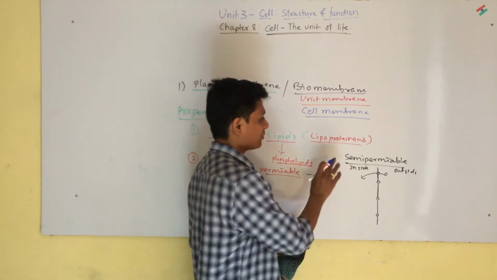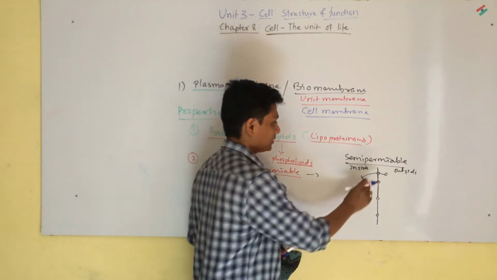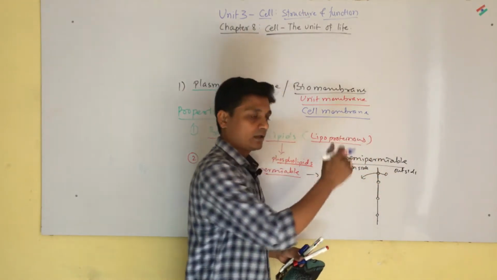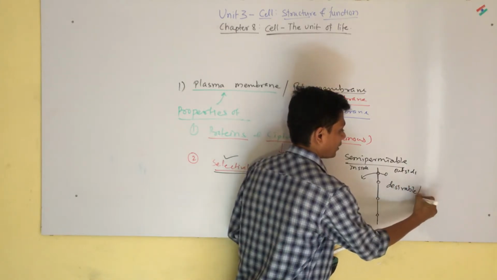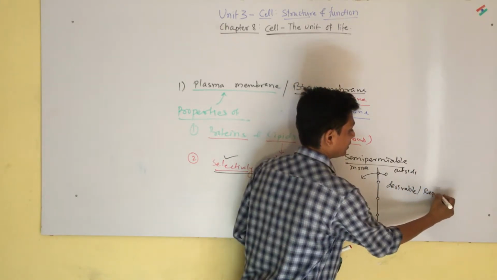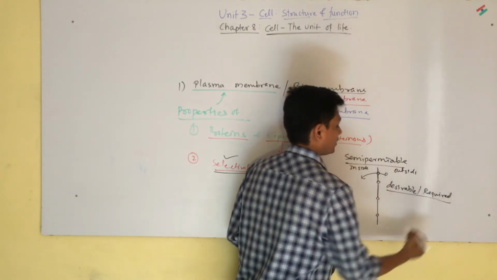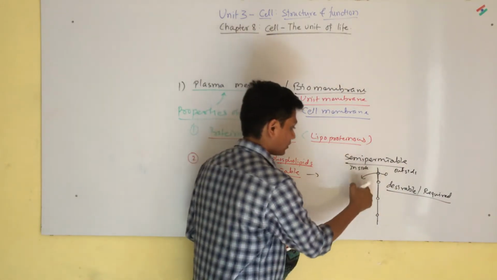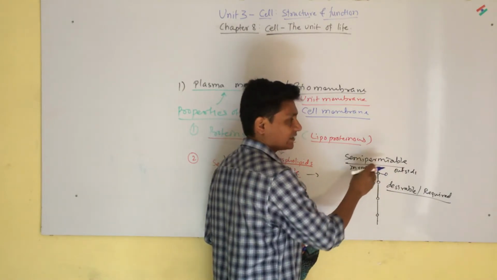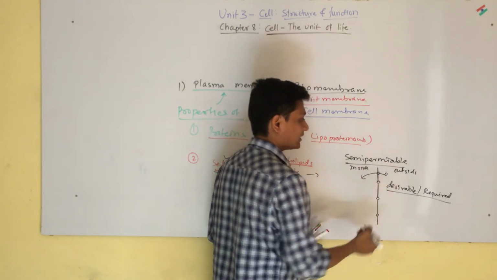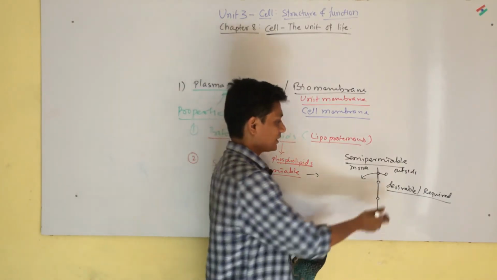But in semi permeable nature, what happens is, if the material is desirable or required, it comes in if it is smaller than this aperture size.